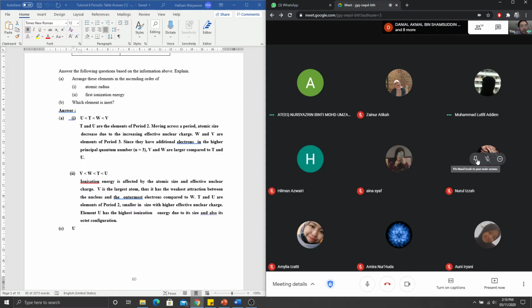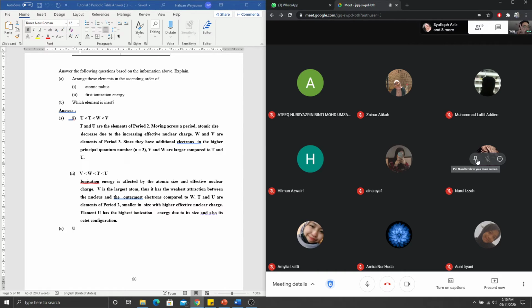Because chapter 6 is the foundation untuk you guys explain the further nanti. You guys boleh refer back to chapter 6. You explain it using the same thing, is that effective nuclear charge and shielding effect, nothing much, you just explain using dua tu.